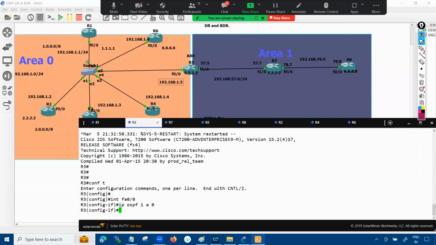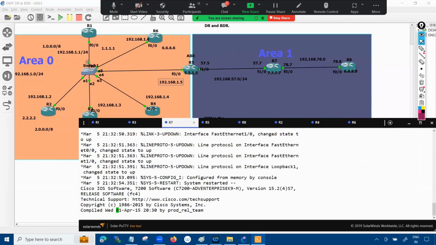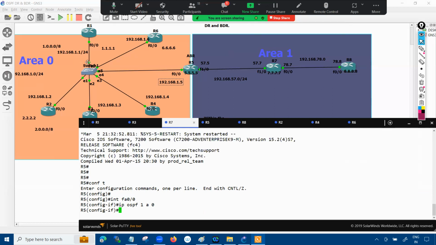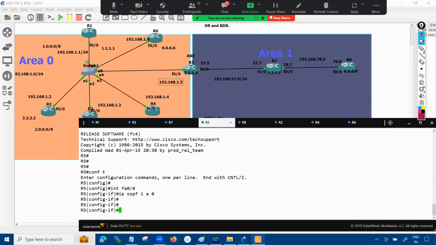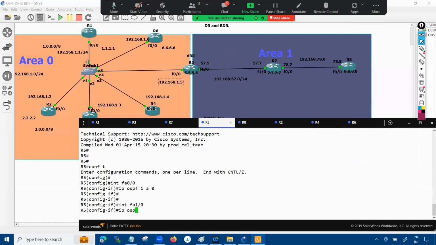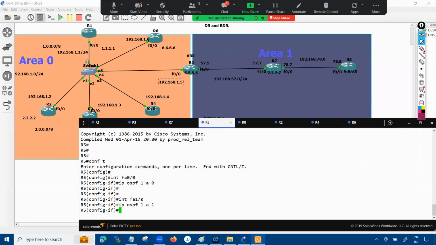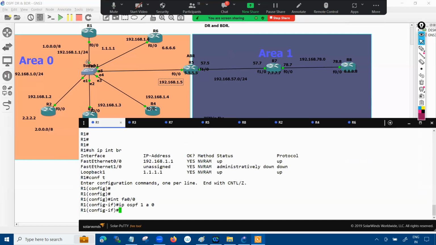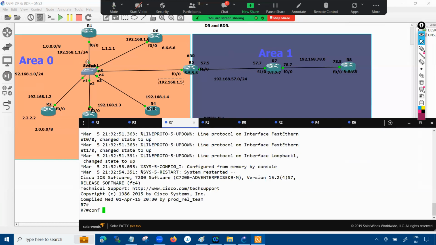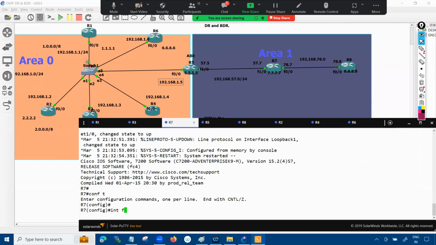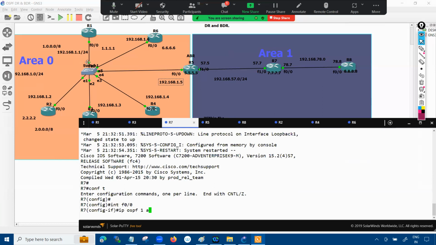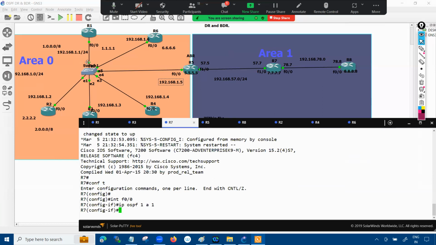Router 7 as well. Router 6 we have done, right? Router 5 we have done. On router 5, this particular interface 1/0, ip ospf 1 area 1. Router 7 as well: interface 0/0 ip ospf 1 area 1 and interface 1/0.